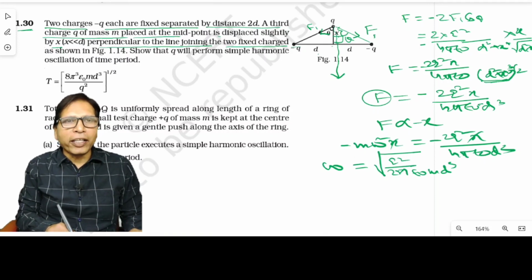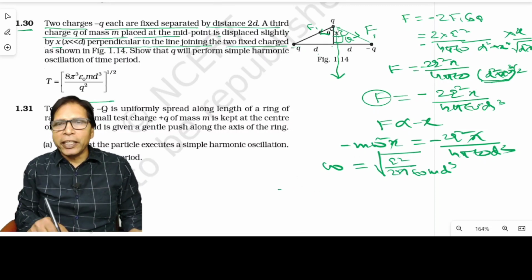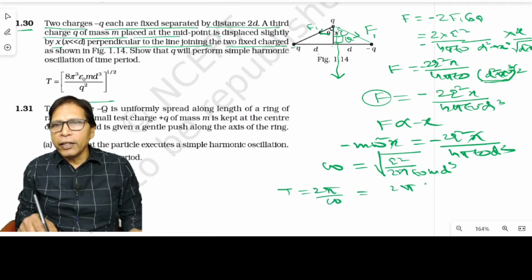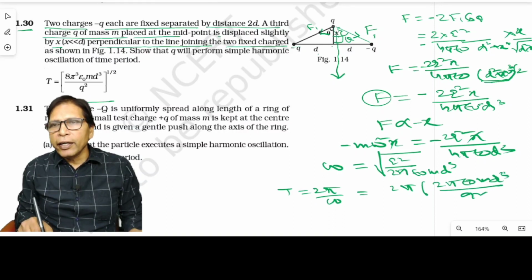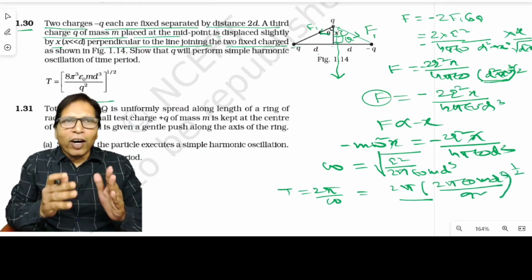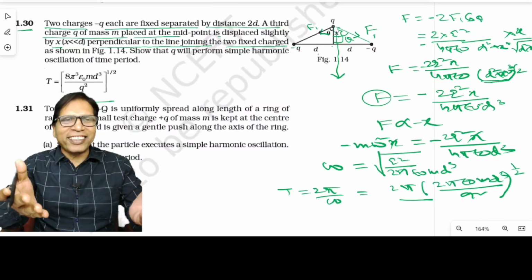Okay, so what is the period? Period T equals 2 pi by omega. So T equals 2 pi into root under of 2 pi epsilon naught m d cube divided by q square, which is the time period of oscillation.